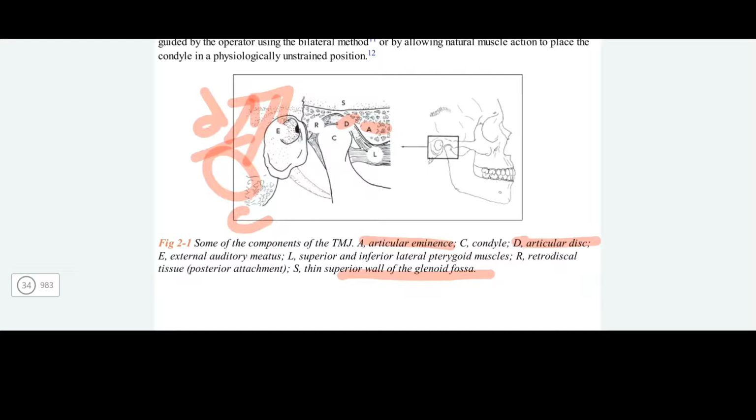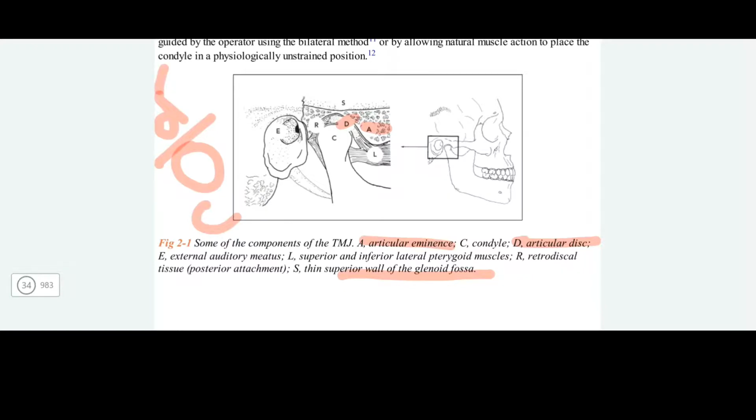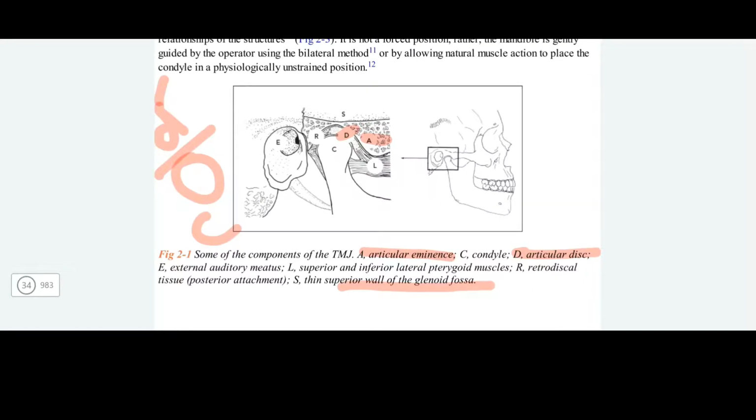If the articular disc is not moved, there is a problem.